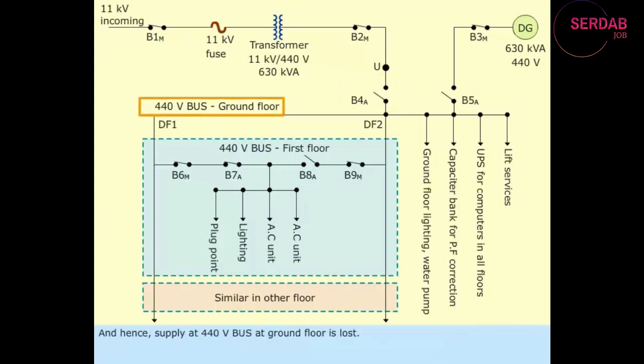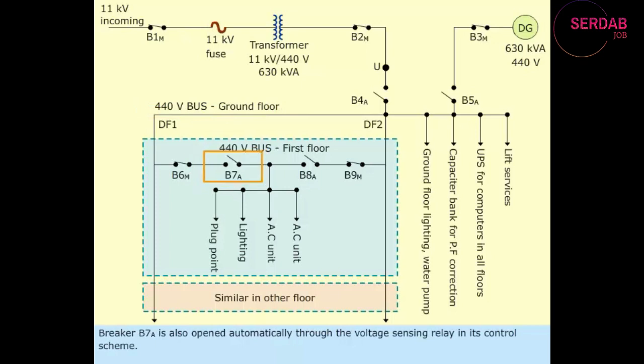And hence, supply at 440 volt bus at ground floor is lost. Breaker B7 sub A is also opened automatically through the voltage sensing relay in its control scheme. The voltage sensing relay at 440 volt bus at ground floor also starts the DG automatically.